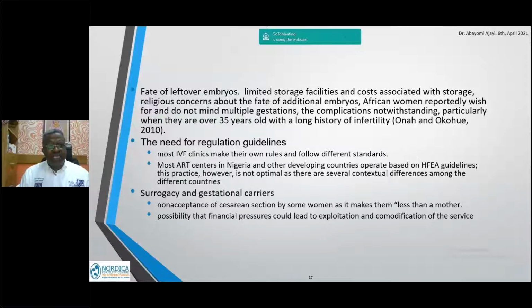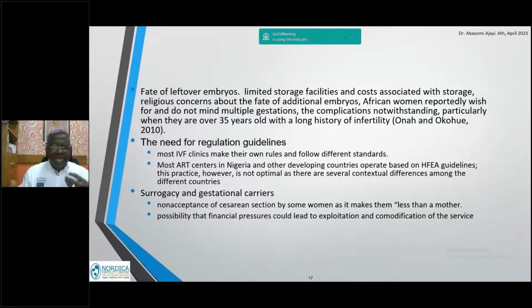Then the religious issues like the fate of the leftover embryos, because we know that limited storage facilities are available, mainly not because of the cost of buying storage materials per se, but training was also an important part of it. Many people don't freeze properly. And so training, there is no way you cut and dice it. Training always crops up when we talk about IVF in Africa. So religious concerns about the fate of additional embryos when we cannot freeze properly is also an issue.